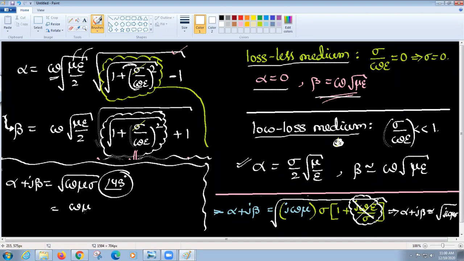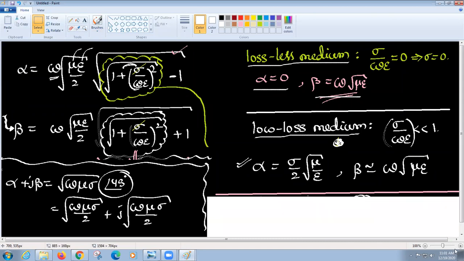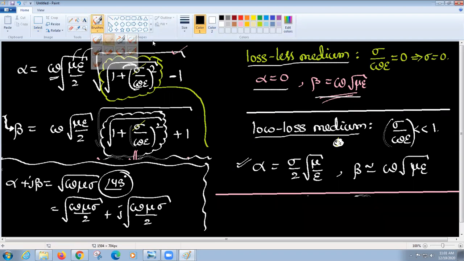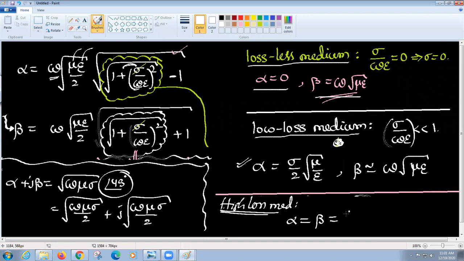So you get the square root of omega mu sigma by 2, plus j times the square root of omega mu sigma by 2. Okay? Yes or not? Yes, sir. Therefore, finally, if it is a high loss medium, alpha is equal to beta is equal to the square root of omega mu sigma by 2.